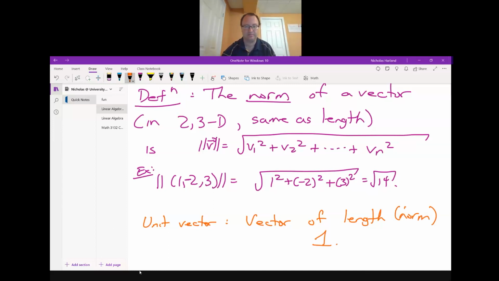So for example, 1/2, 1 over root 2, and 1/2. Again, we could verify it: square all of them, add them together, and we get a length of 1.